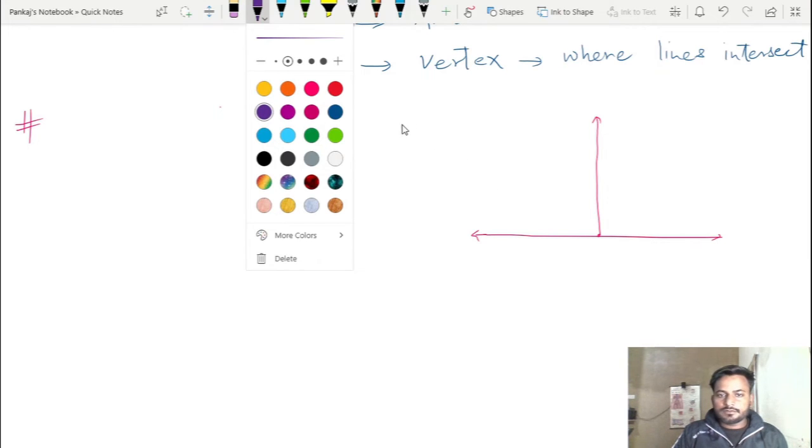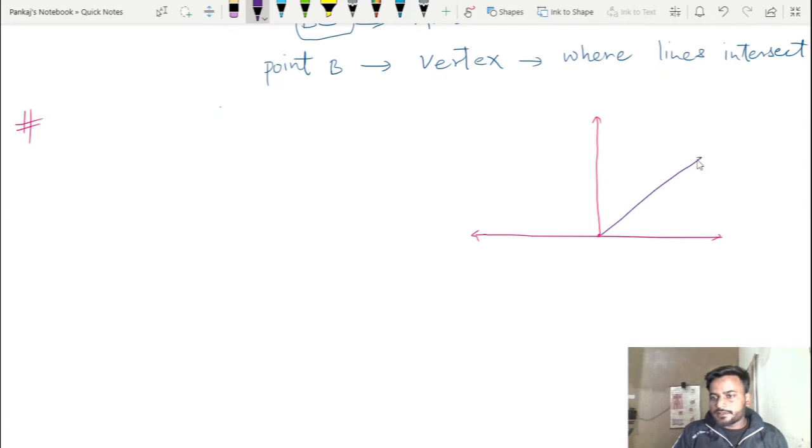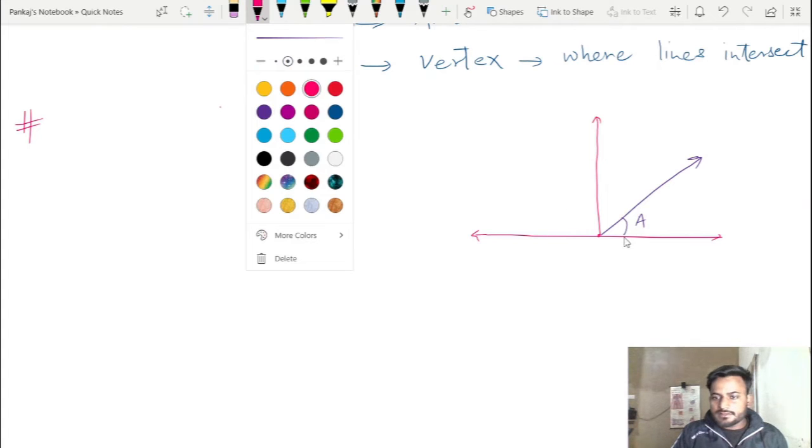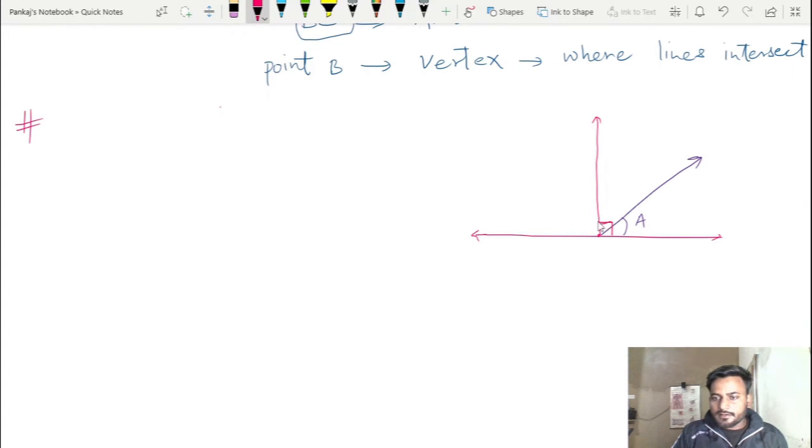Here this one is an angle, this is angle A, and this is an angle of 90 degrees. So the angles less than 90 degrees, for example this angle, are acute angles.